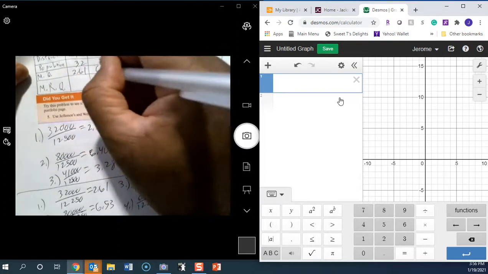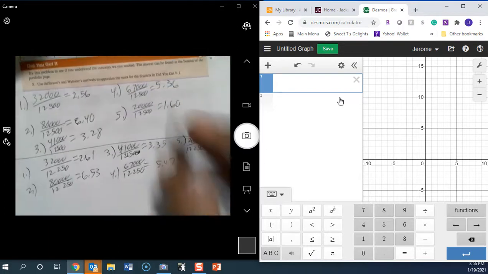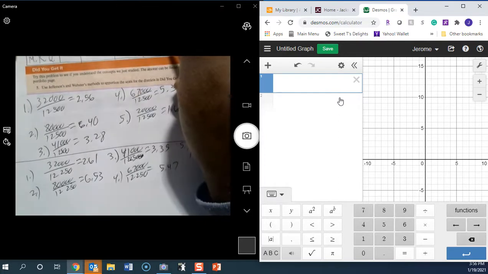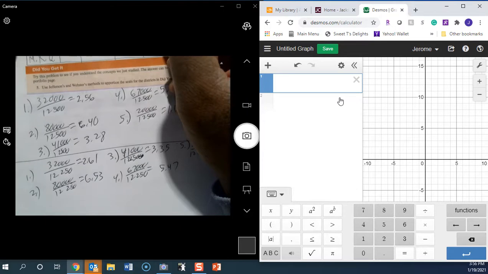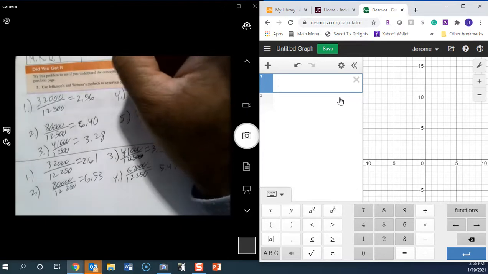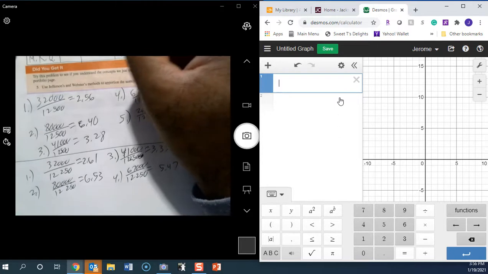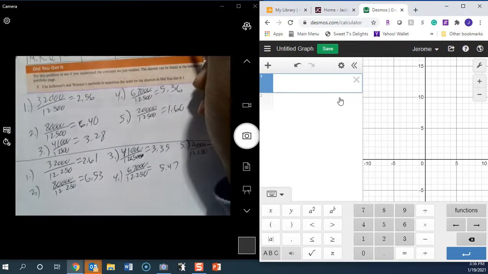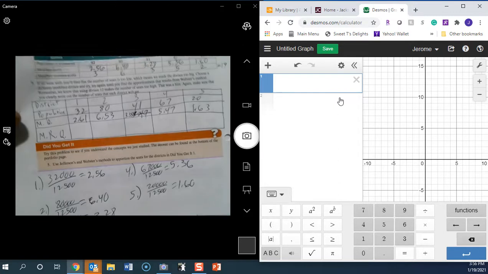Then the next would be 6.53. Then for District 3, it'll be, I'm sorry, 3.35, not 5.37. 3.35. And then 5.47 would go for District 4, and District 5 would be 1.63.